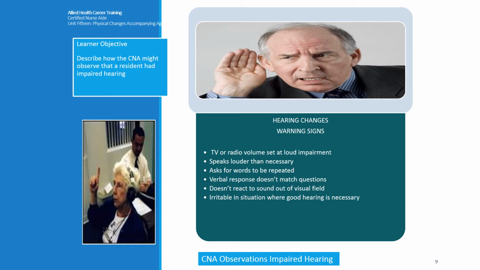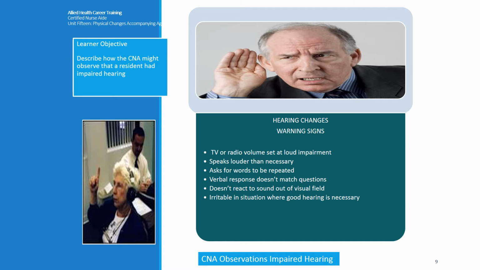Their verbal responses may not match the questions. So if you ask somebody, "Okay, you ready to go down to dinner?" They might say, "Well, what time is it? What time is dinner going to be?" That's not the question you asked. You asked if they were ready to go down to dinner. If you say, "Oh, well, it's time for dinner. Do you want to go?"